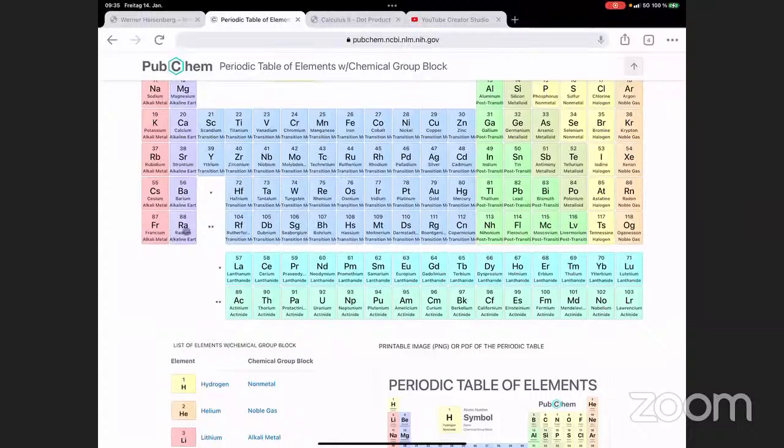Radium is right here, and you go back by 2, to have 2 protons fewer, which is the element radon. Radon is a noble gas, and it's stable. Radium is not stable. It's an alkaline earth metal, so it's quite reactive and sensitive to chemical processes.